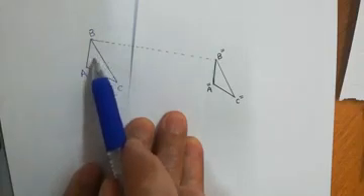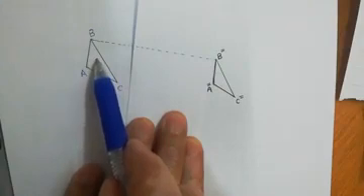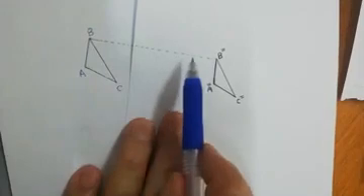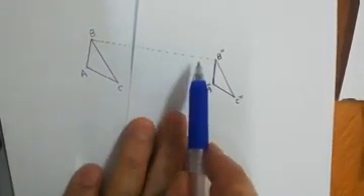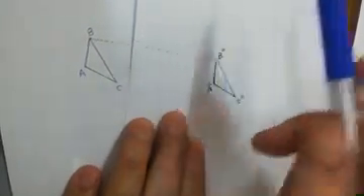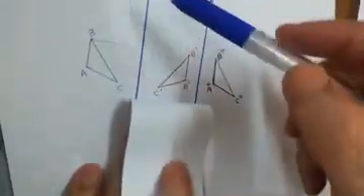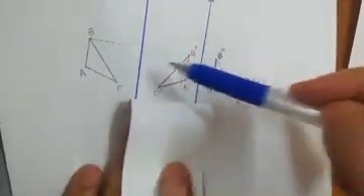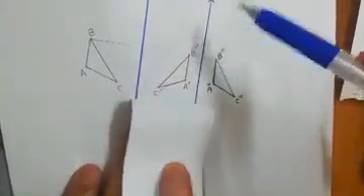this pre-image, which is this triangle, I translated it along this vector, which is perpendicular to these two parallel lines, which I make the reflection across them.